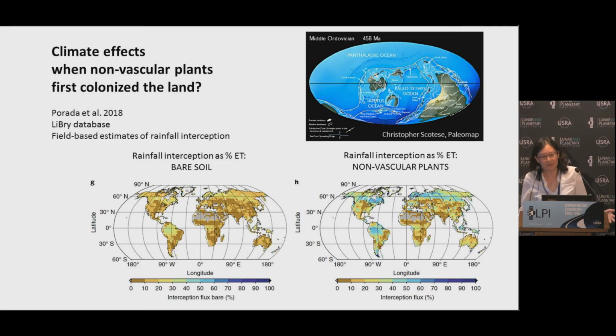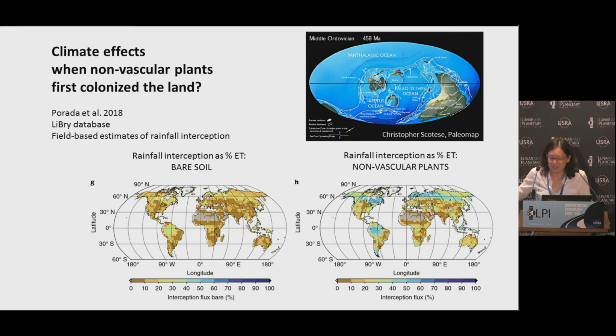Nobody's really done this experiment to know what the plants did, but below is a study of what happens if you include lichens and bryophytes in your model of interception of rainfall, and they estimate some regions could intercept as much as 60% more. Dave Chris just went to Iceland and showed me a wonderful landscape photo of lichens covering the landscape.